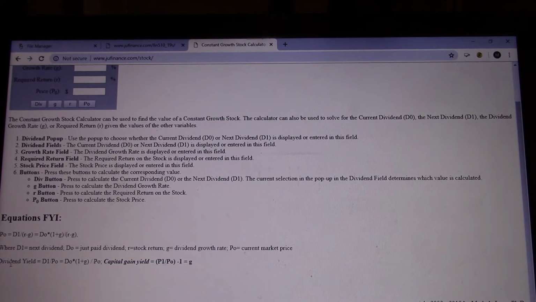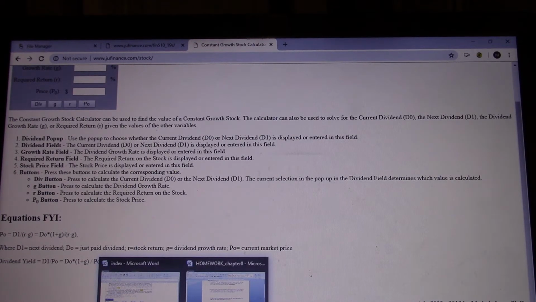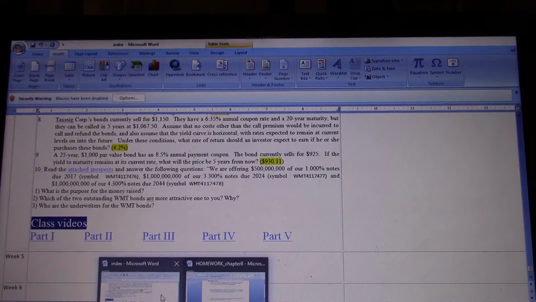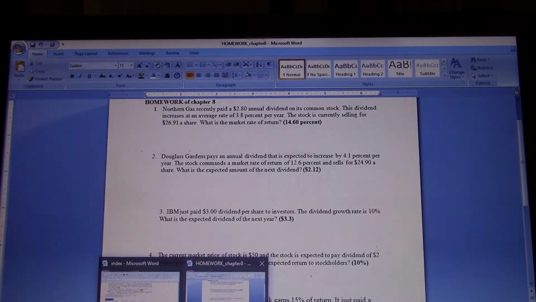If we add dividend yield with capital gain yield, that equals R, the required return. These are all the equations we need. You can use these equations to do the calculation, or you can plug into the calculators. Okay, let's do that.